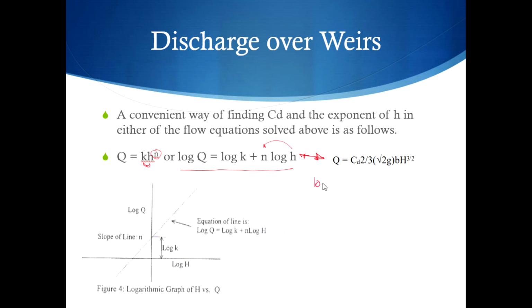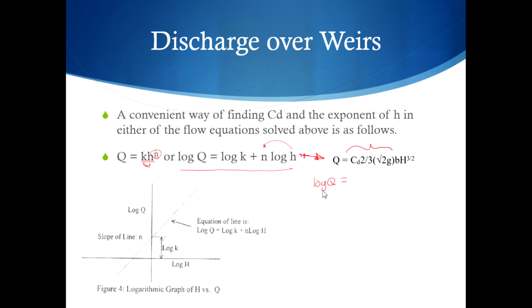Remember, the CD is constant, also the 2/3, and also the 2g, because the gravity is known. All these parameters are constant.